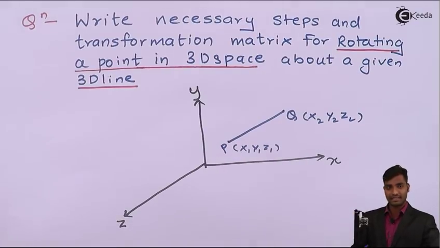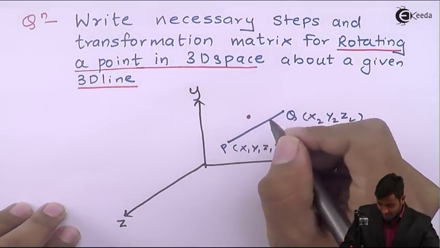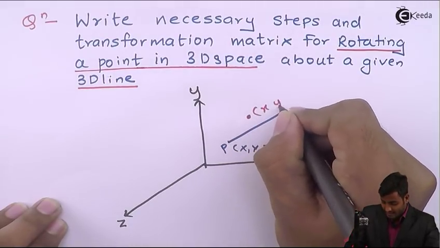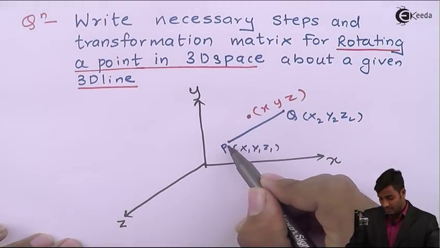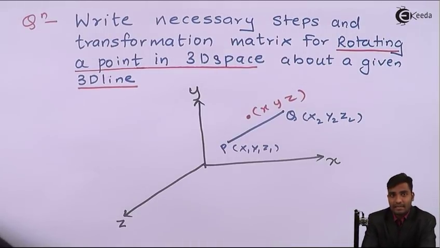And this is the point which is to be rotated. This is a 3D point whose coordinates are x, y and z, which is to be rotated about this 3D line. We already said that for performing this transformation we will require a composite transformation which will include translations and rotations.